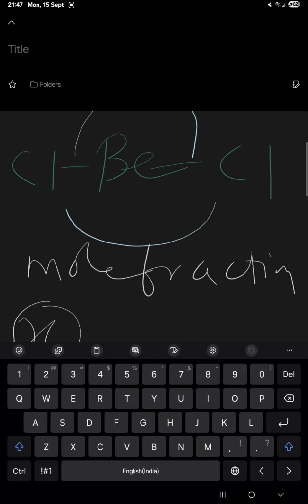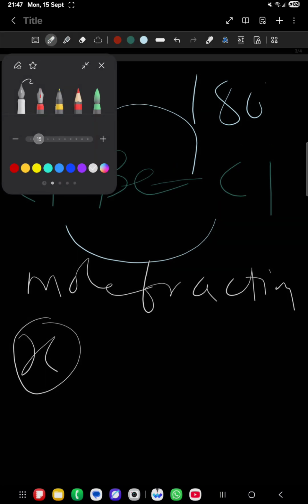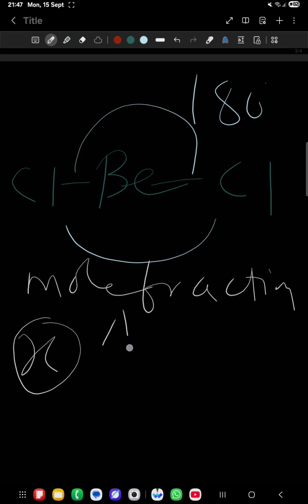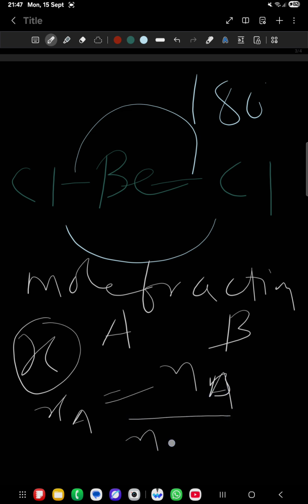Suppose we have two components, component A and component B. So the mole fraction of A is the number of moles of A divided by NA plus NB. इसको क्या कहेंगे? मोल फ्रैक्शन, chi. ठीक है.